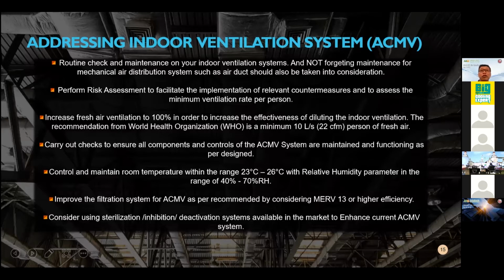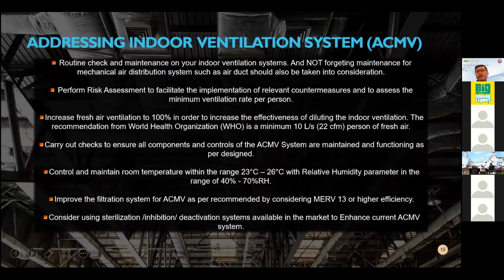So to dilute, in order to help and enhance, to prevent this pandemic, contagious disease indoors, WHO and DOSH recommend a minimum of 10 liters per second, which, if you do a calculation, is around 21 point something CFM.